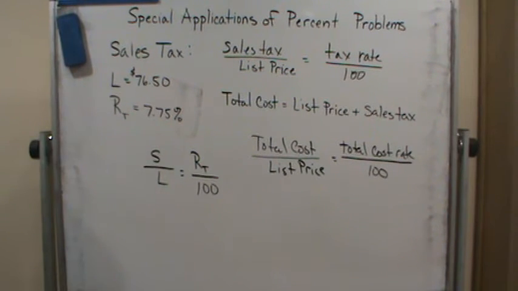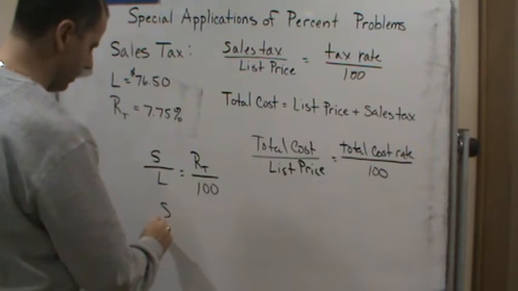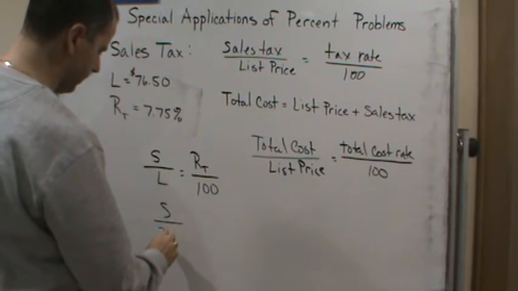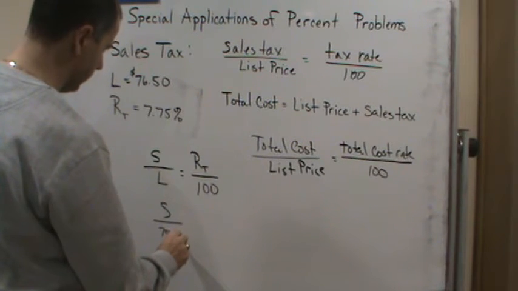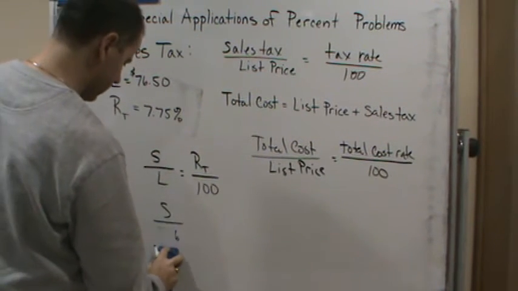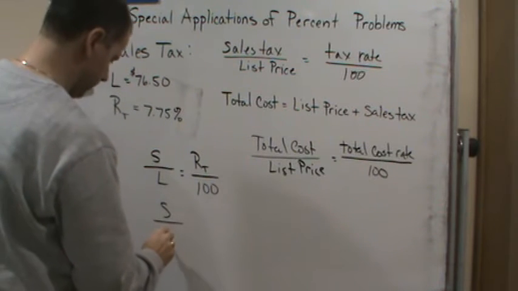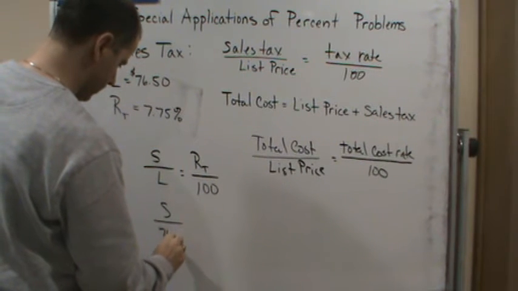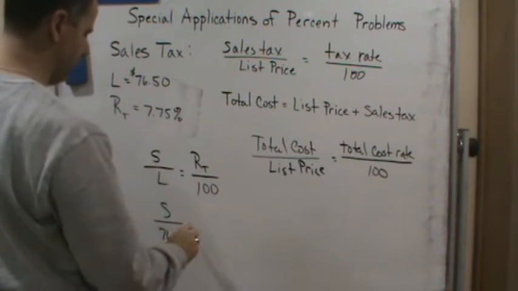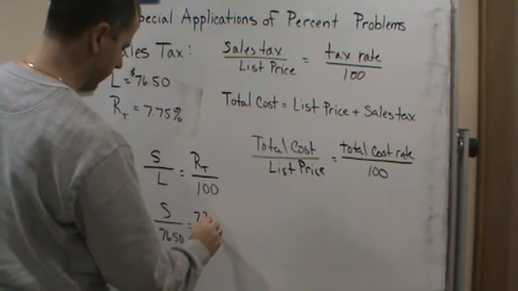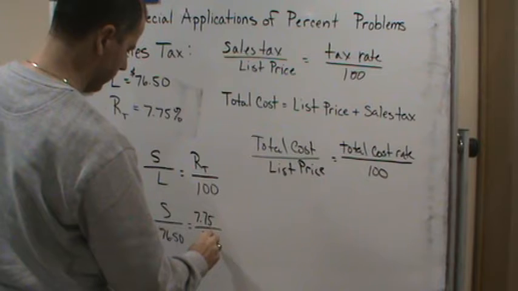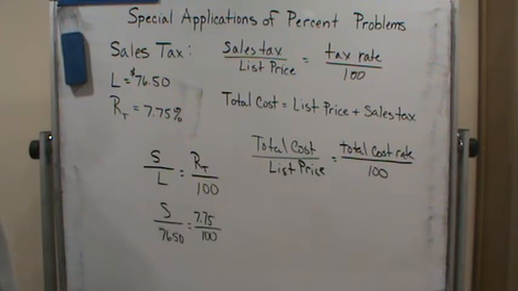Okay. So this is going to be S over 76.50 equals 7.75 divided by 100. Now I just solve, right?